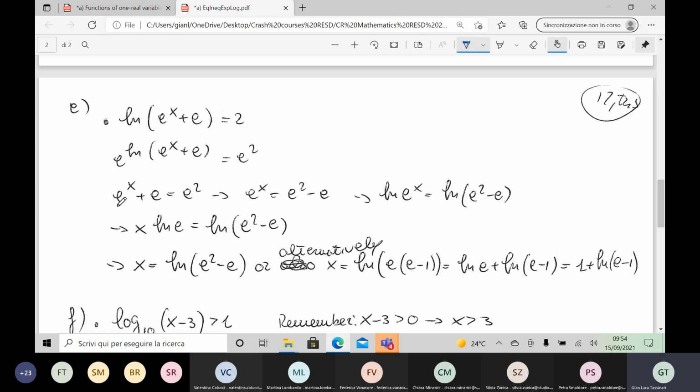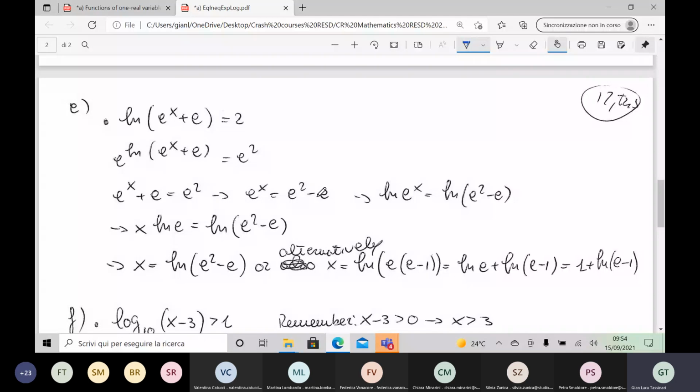So guys, which is our goal? We want to find x. What should we do? Well, first we have an additional constant here, so you can put the constant in the second-hand side. So you have e to the power x equal to e squared minus e.